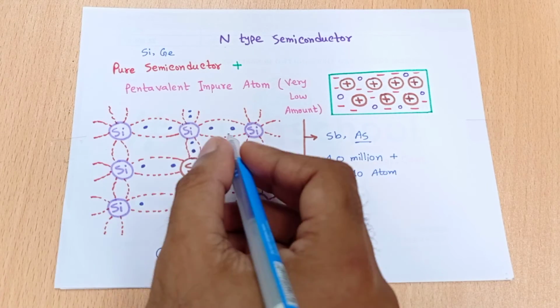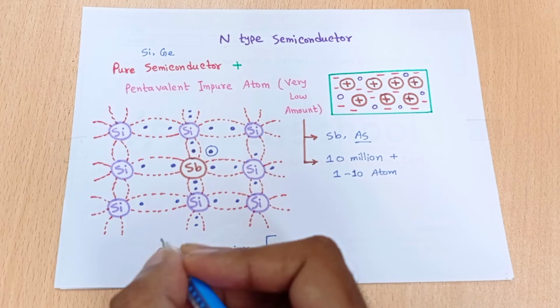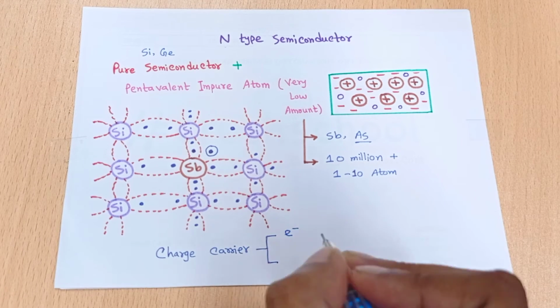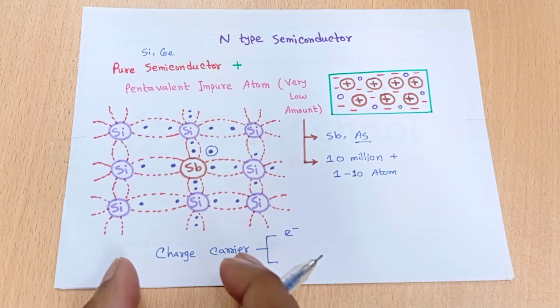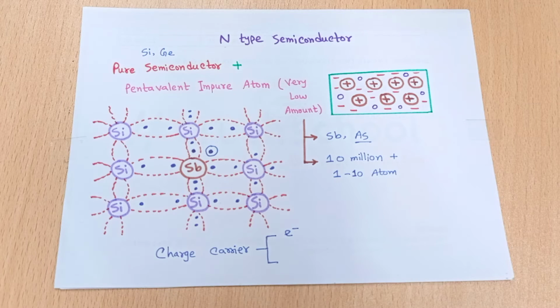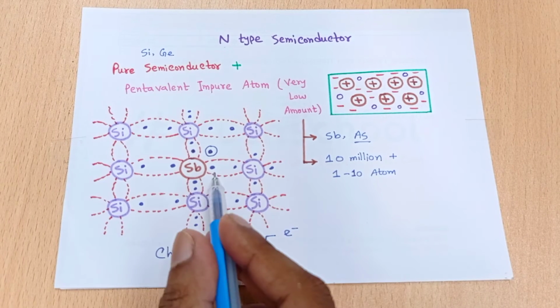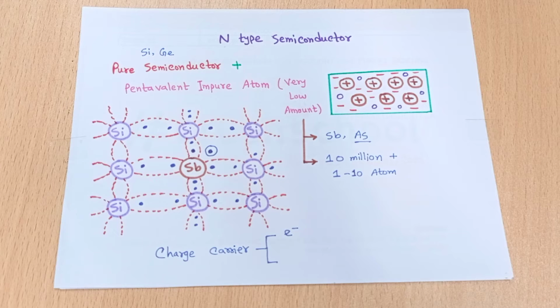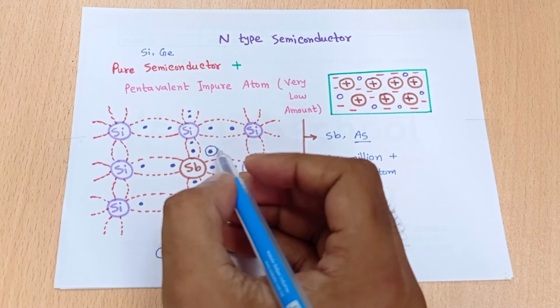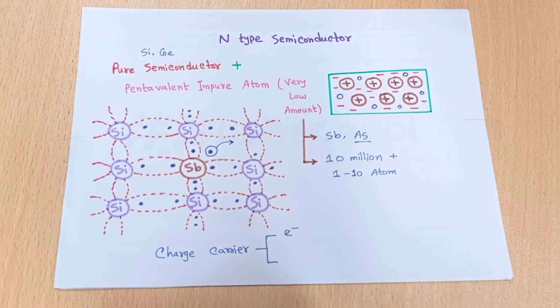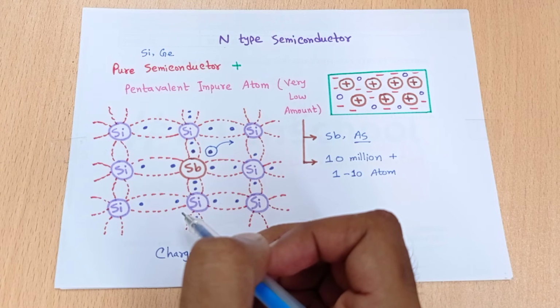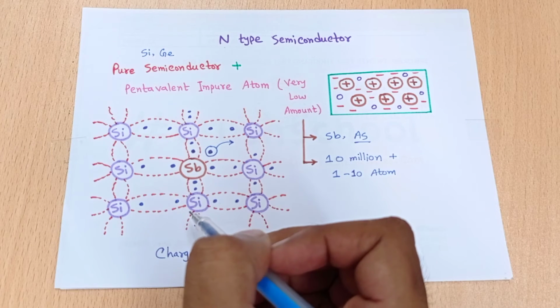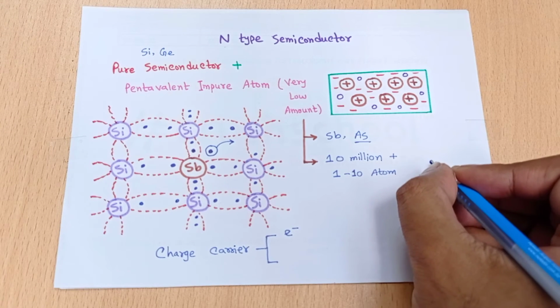So here you see a very vast amount of electrons. So the first one is our electron. But what is the second type? The second type is our hole, because hole and electron are the two charge carriers of a semiconductor. Here we do not see where the hole is, but when the electron moves from one side to the other side, there is a vacancy of electron.